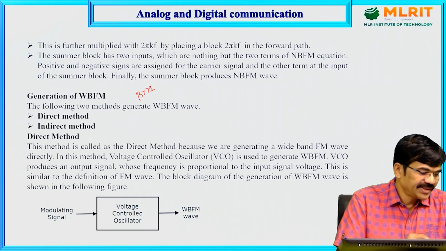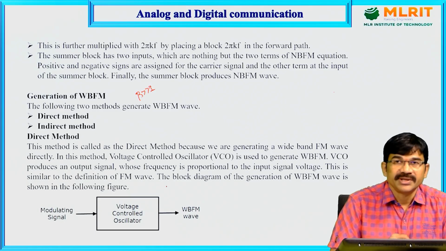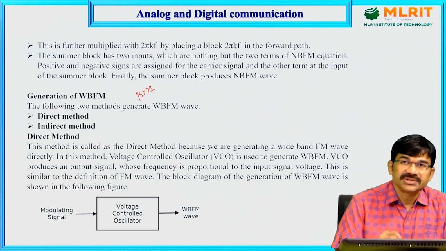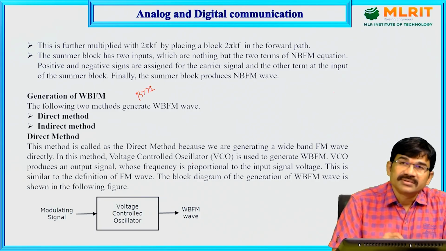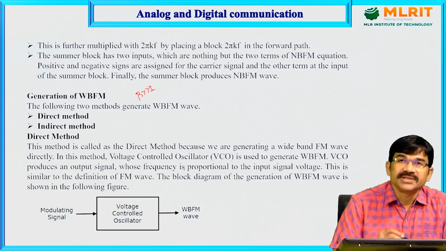The direct method is nothing but the definition of frequency modulation. What is the definition of frequency modulation? The frequency of the carrier varies according to the information signal, or modulating signal, or baseband signal. That we call frequency modulation.